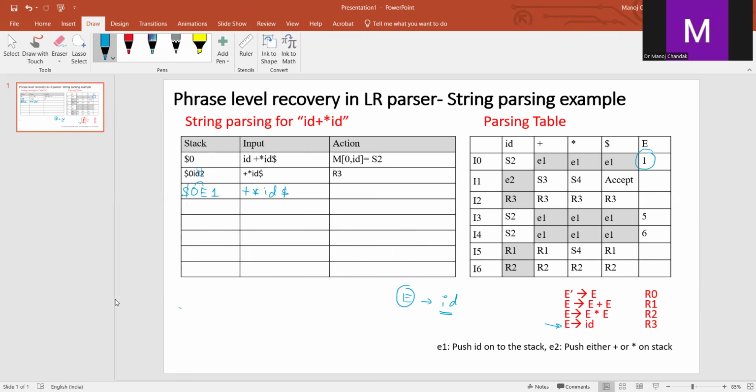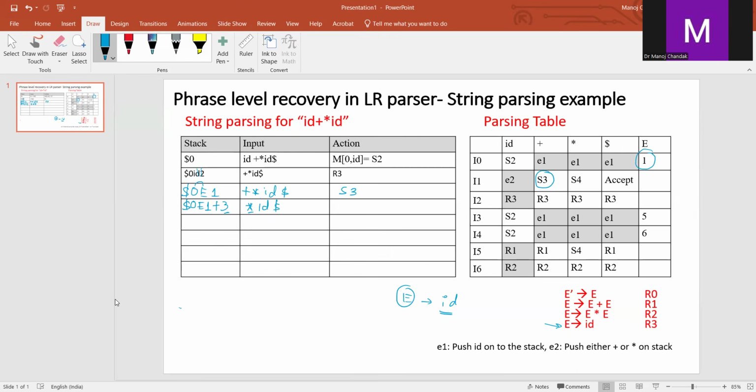So now next is 1 on plus. 1 on plus is S3, that is shift to state 3. So what will happen here? Dollar 0 E 1, and plus will be shifted, and the state 3 will cover plus, and we still have star ID and dollar. So now next is 3 on star.